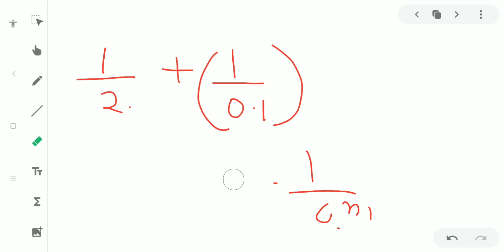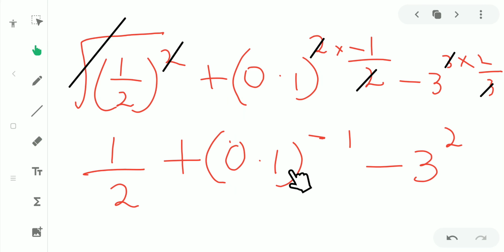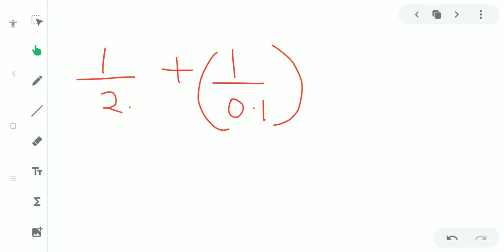That law I have applied here and I wrote 1 by 0.1 minus 3 square. 3 square is nothing but 9, minus 9. 1 by 2 plus 1 by 0.1. I will remove the brackets.